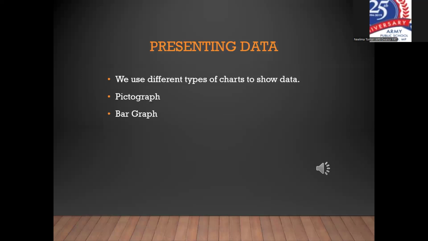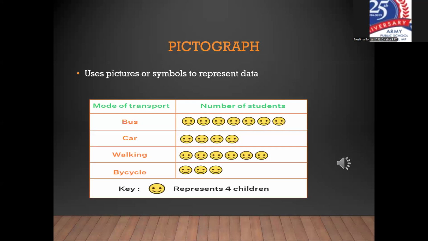Presenting data. We use different types of charts to show data. First is pictograph and second is bar graph. Pictographs. Pictographs are one visual and suggestive way to represent data without writing any numbers. Look at this picture. You may be familiar with it from previous classes.